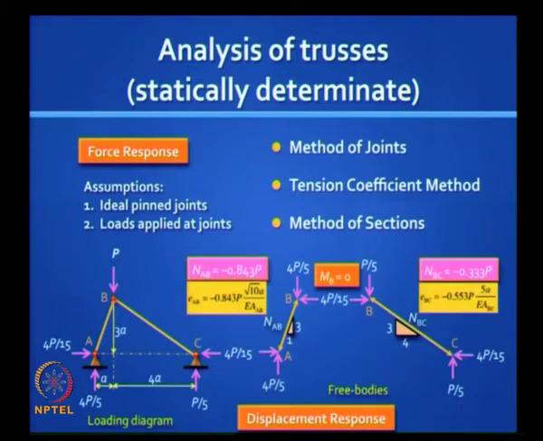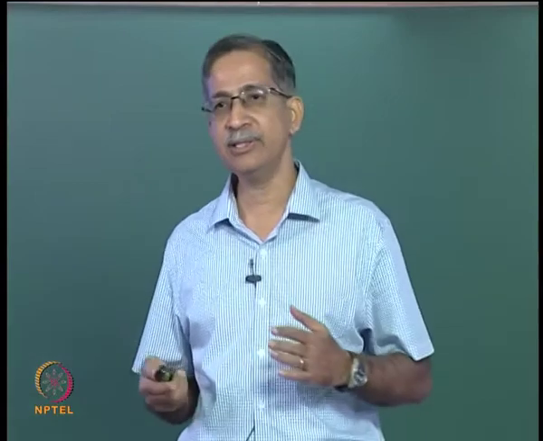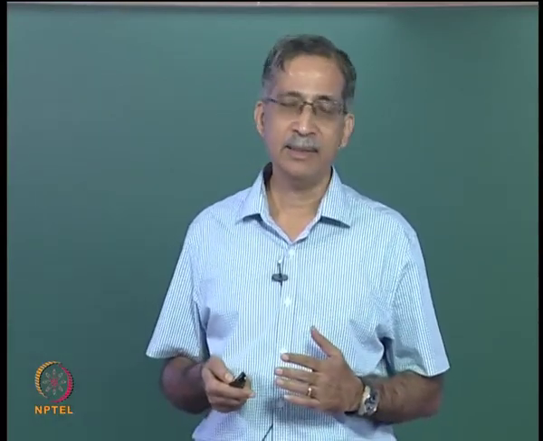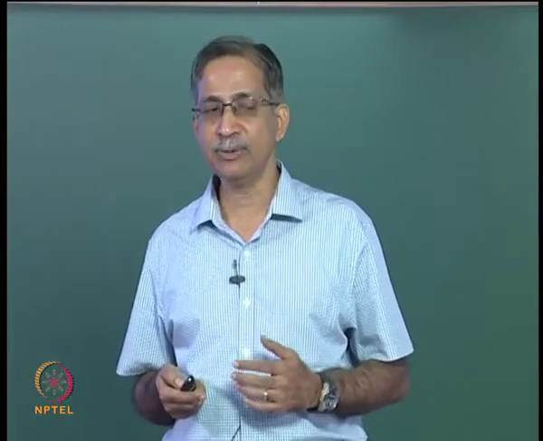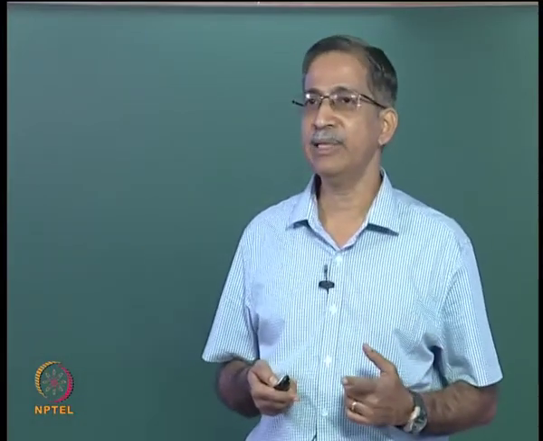Once you have the axial force in the two bars, then you also have the axial deformations, because we know that there is a relationship between axial force and axial deformation. We use the word elongation to refer to the axial deformation.